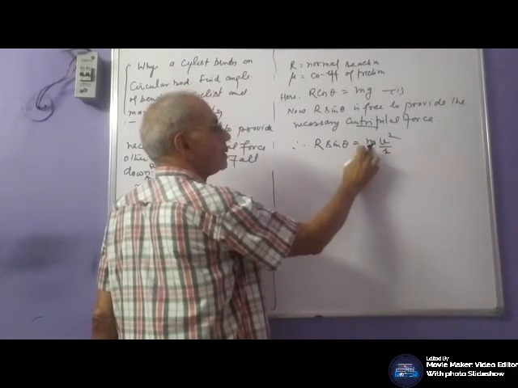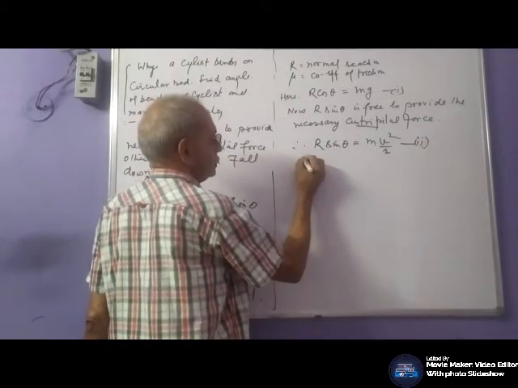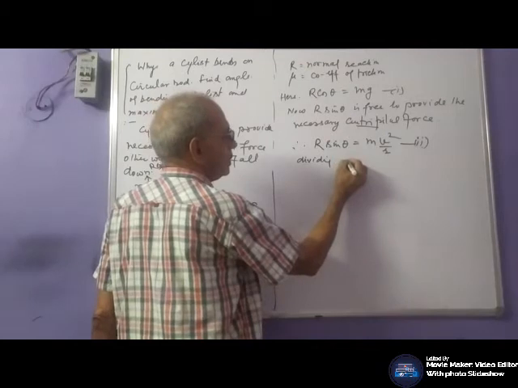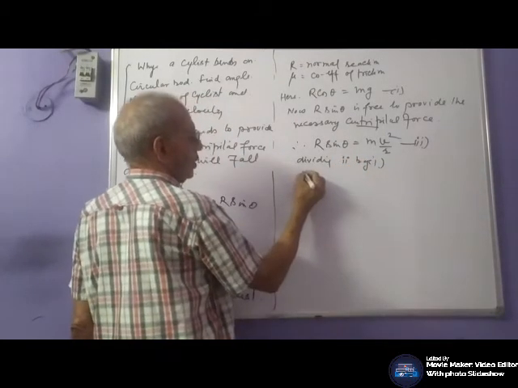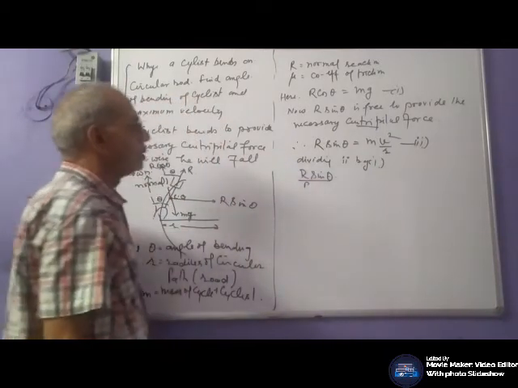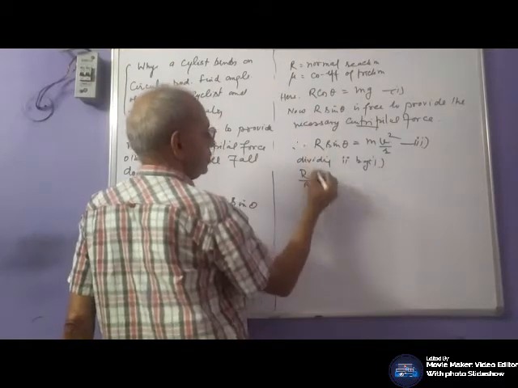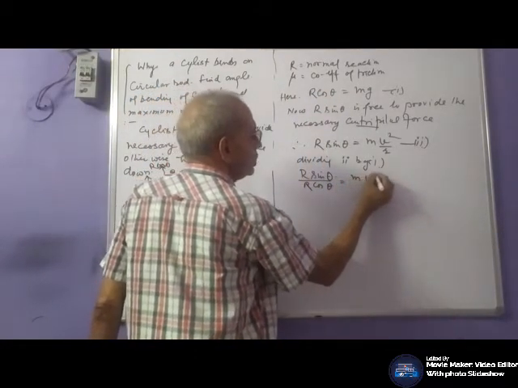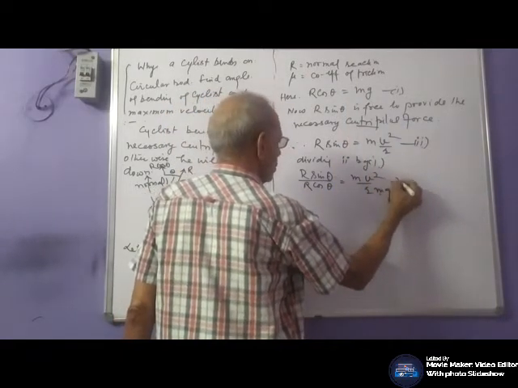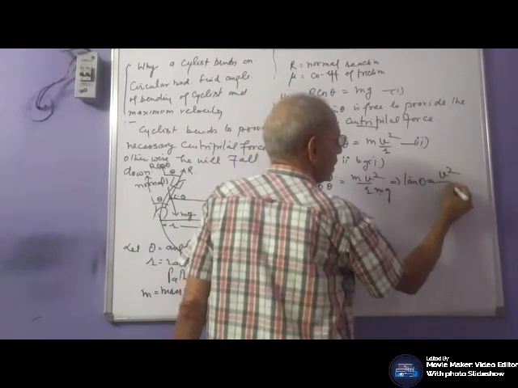So, dividing second by first, R sin theta by R cos theta is mv square by r by mg, or it is tan theta equals v square by rg.